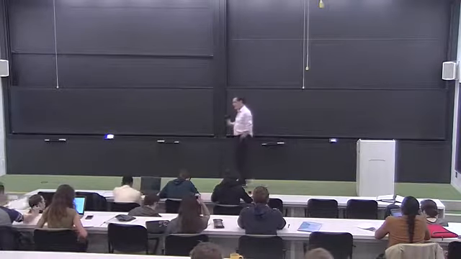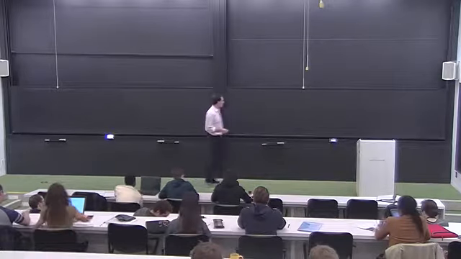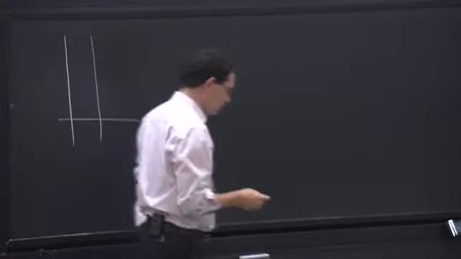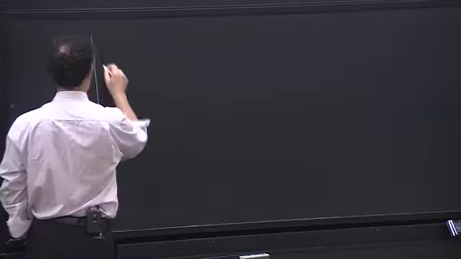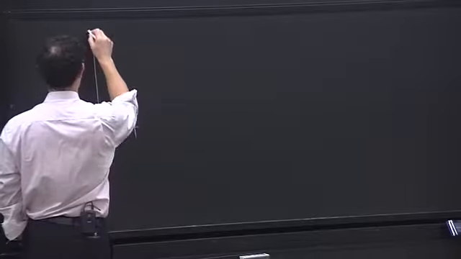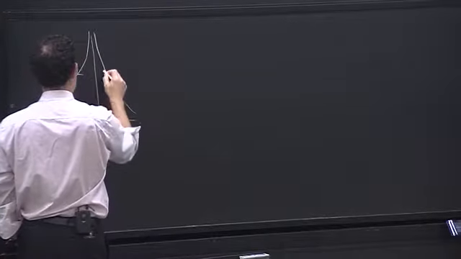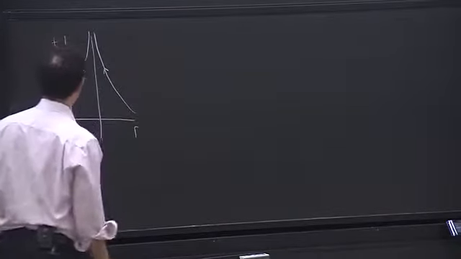So just to recap, we studied light rays going into a black hole in Schwarzschild coordinates, and we found that these ingoing light rays sort of diverged off to t equals infinity.